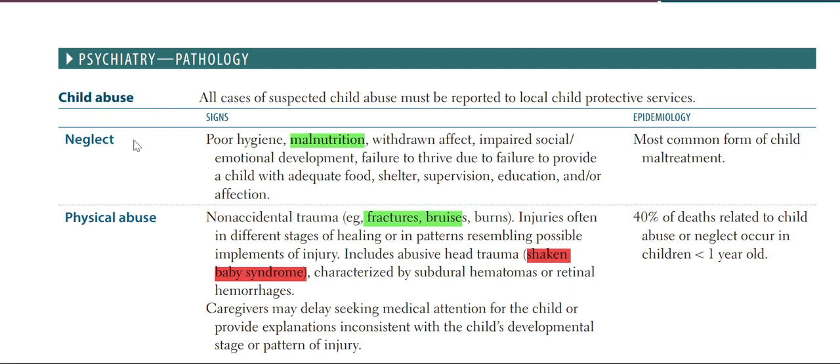One ethics question that you might come across is that whenever you have child abuse or elderly abuse, you do want to report these cases. But the difference is that whenever you have adult abuse, such as a spouse being abused, you cannot call protective services because they're not considered a vulnerable group.